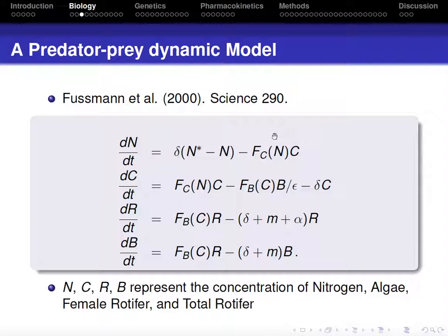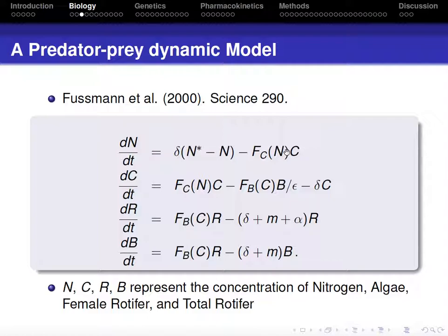And then there is another negative term, which represents the nitrogen decreasing, right? Because the algae will consume the nitrogen. So this negative term's rate will depend on the function of nitrogen, because the more nitrogen, the easier it is for the algae to consume the nitrogen, right? Therefore, it has a negative term.